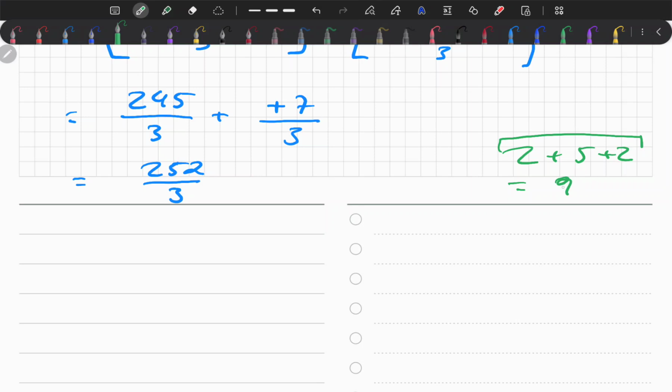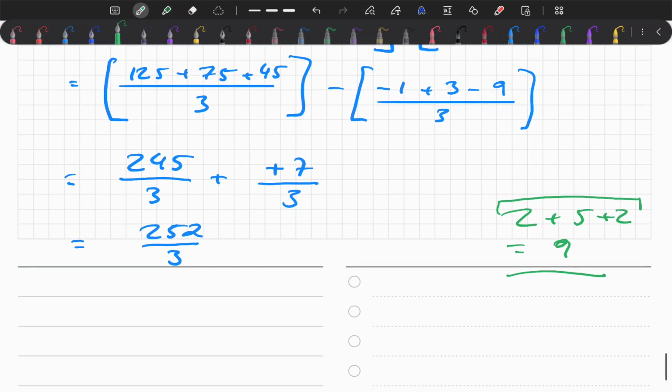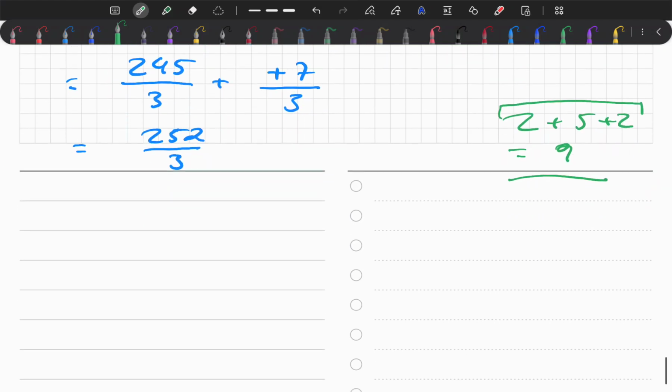So when I take the sum of the digits, I get 9, which is divisible by 3. So that means this is divisible by 3. So now you can find a way to divide without your calculator to give you the simplified form for this fraction, which does end up being an integer.